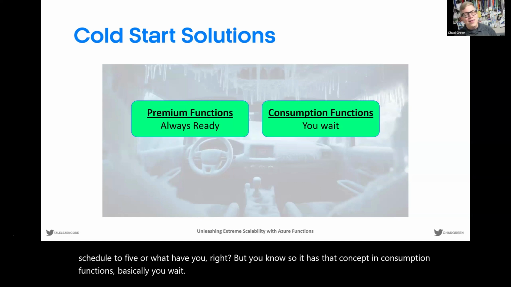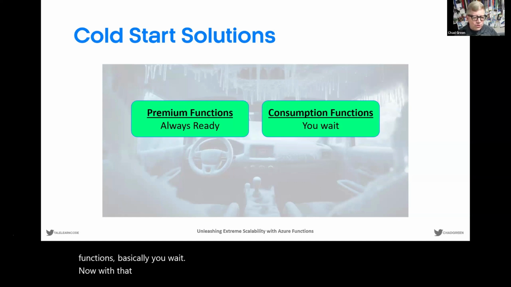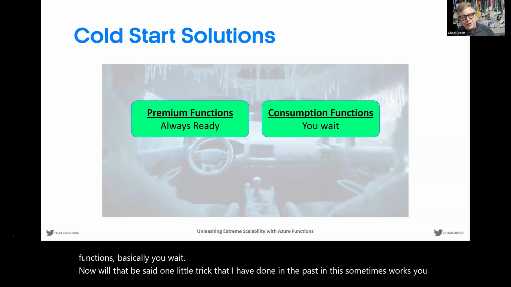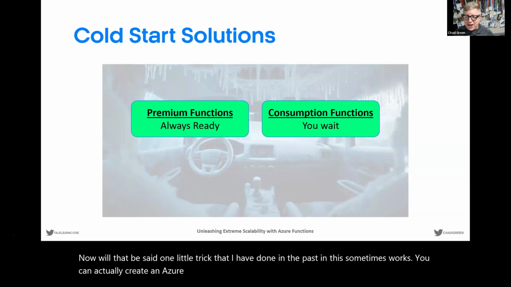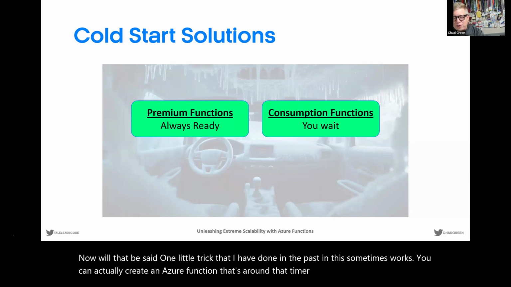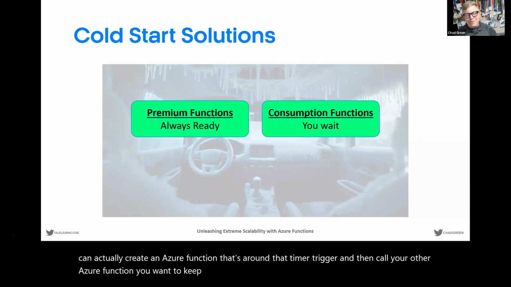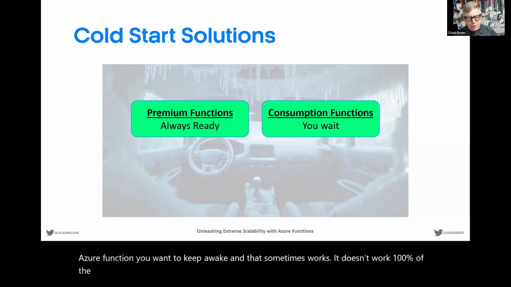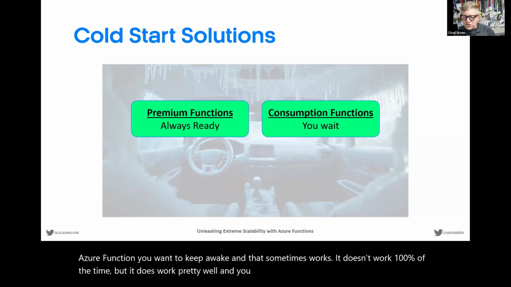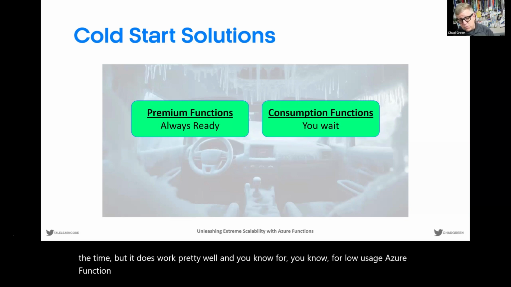With that being said, one little trick that I have used in the past, and this sometimes works, is you can create an Azure function that runs on a timer trigger and then calls your other Azure function that you want to keep awake. It doesn't work 100% of the time, but it does work pretty well. For a low usage Azure function that you still need to respond quickly when it does go to sleep, that can be a way of getting around that.